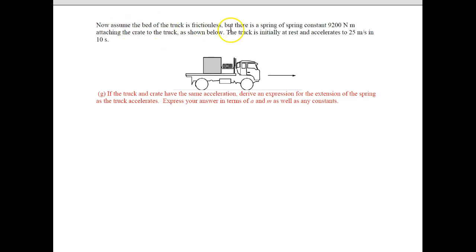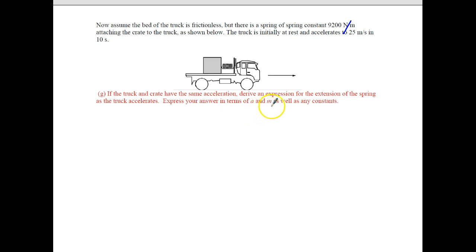It says, now assume the bed of the truck is frictionless, but there's a spring of constant 9,200 newtons per meter attaching the crate to the truck. The truck is initially at rest and it accelerates 25 meters per second in 10 seconds. If the truck and the crate have the same acceleration, derive an expression for the extension of the spring as the truck accelerates.